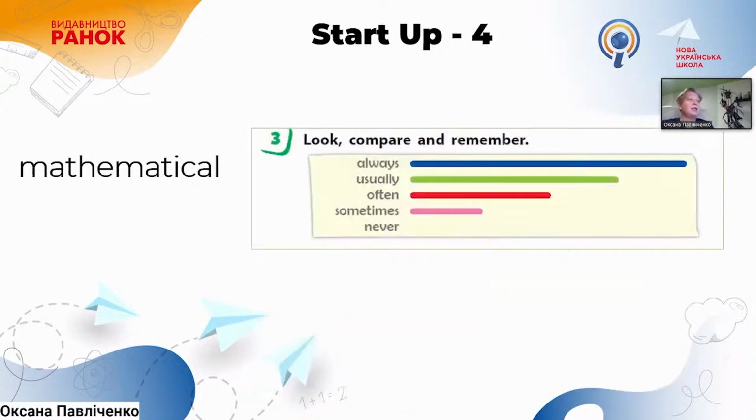Well, next is some kind of diagram, not a diagram, but a kind of scheme. It means that your pupils need to look at it and understand the meaning of the words always, usually, often, sometimes, and never.